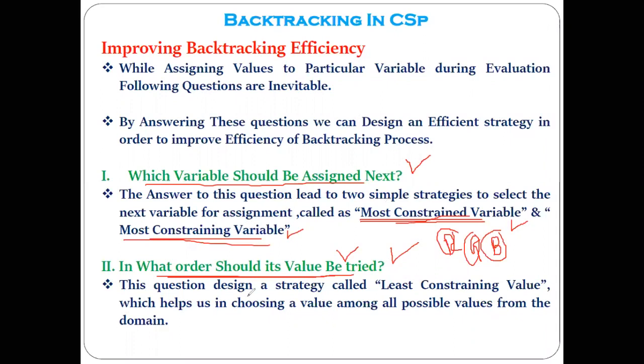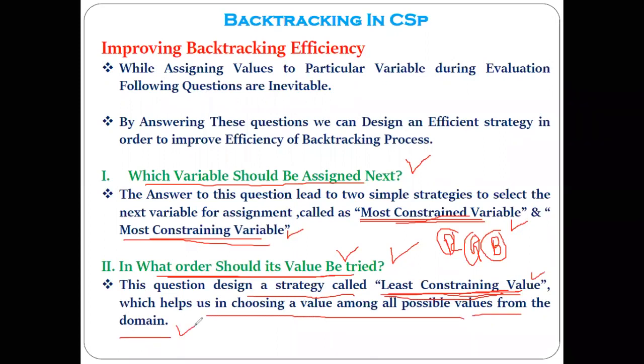And related to this strategy, we have the third technique, that is the least constraining value. These techniques help us choose a value among all the possible values from the domain.